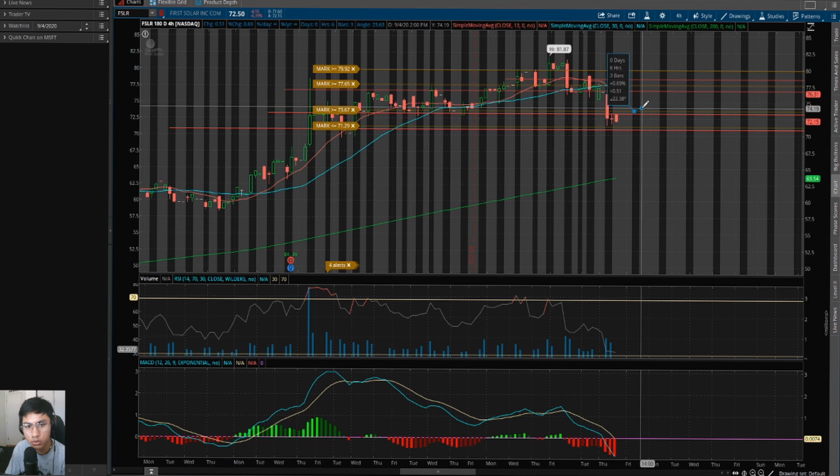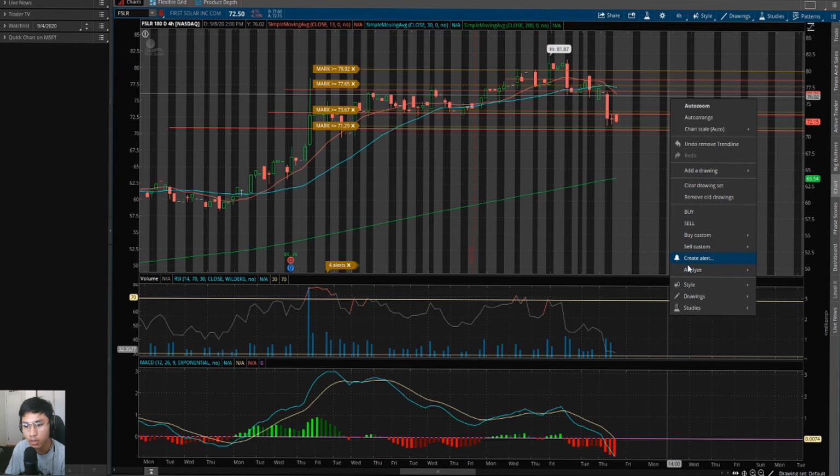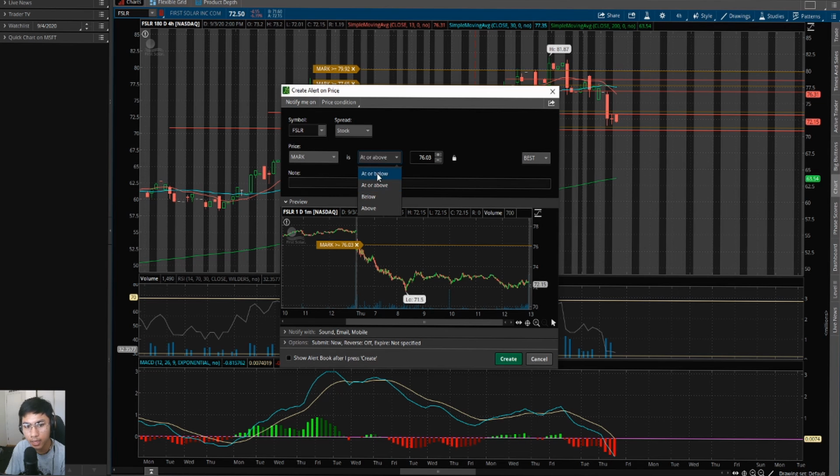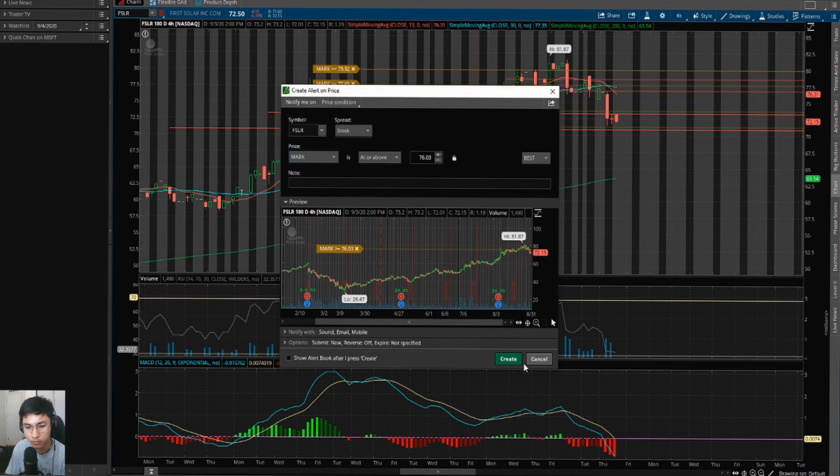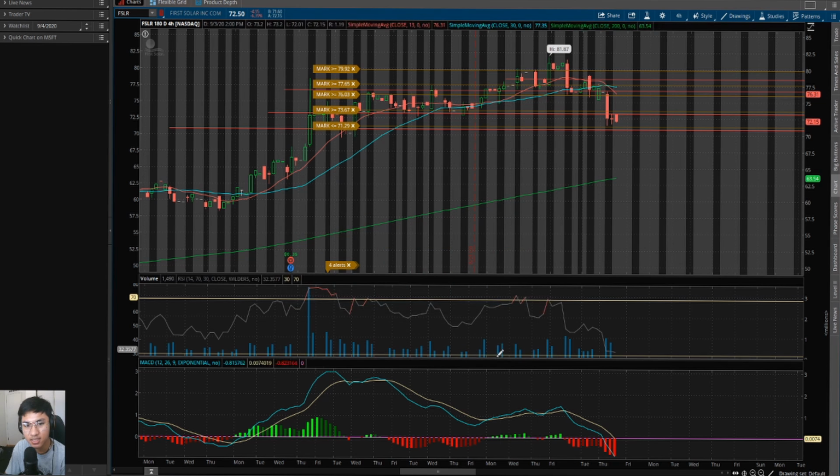There's a small inconsistent resistance here, but the real one is probably here. I'm looking for an increase of around 3%, and my plan is to exit around 76.03.